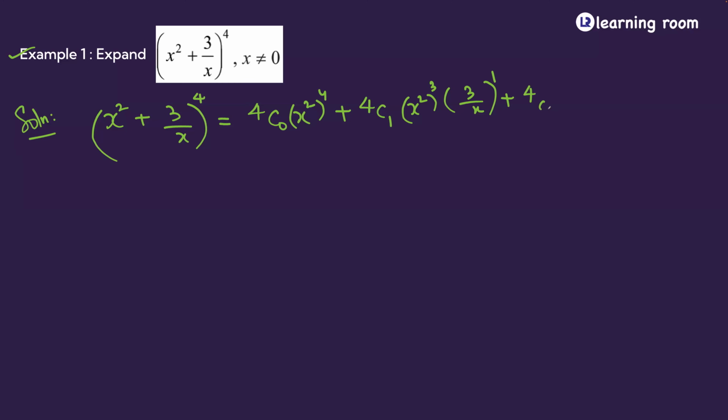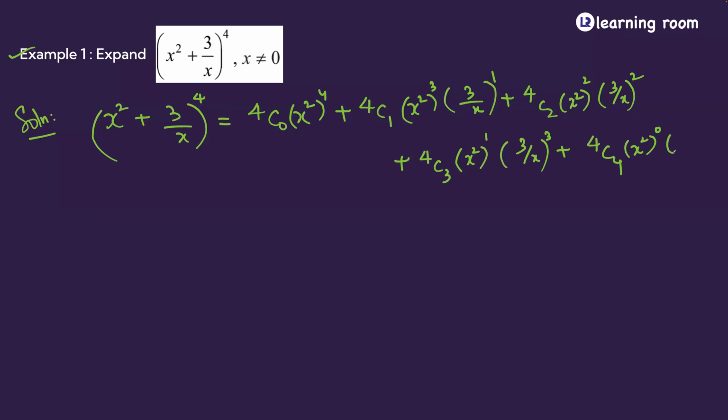Plus 4c2 x square raised to the power 2 and 3 by x raised to the power 2 plus 4c3 x square raised to the power 1 and 3 by x raised to the power 3 plus what is going to be the last term? It will be 4c4 x square raised to the power 0 and 3 by x raised to the power 4.